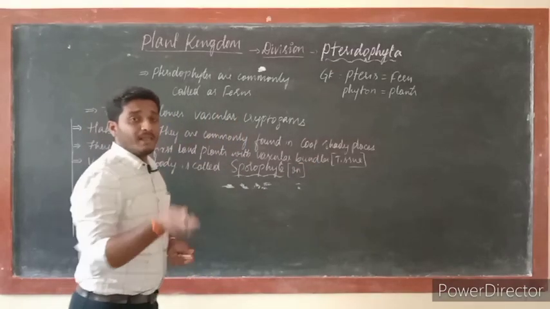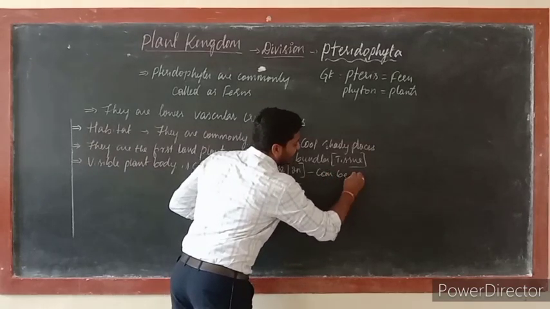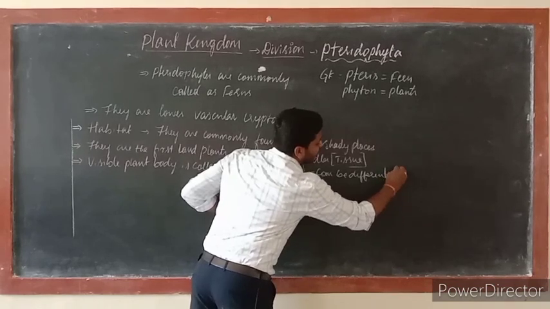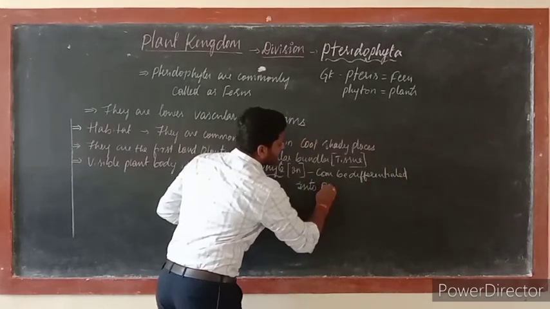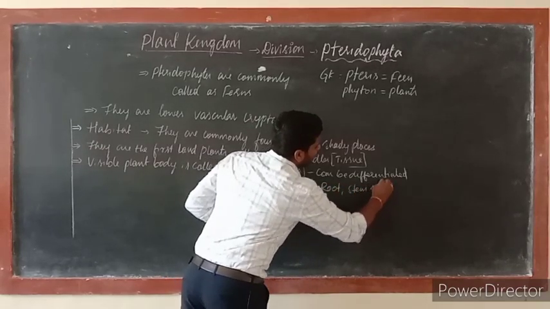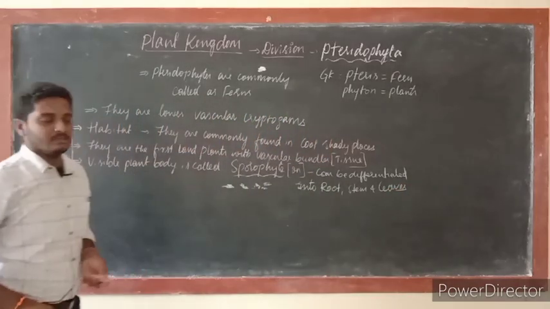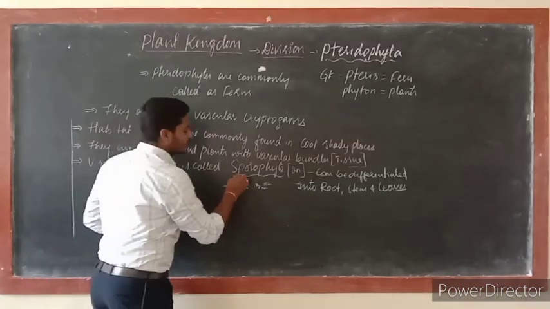Moreover, the plant body can be differentiated into root, stem and leaves. This is what the plant body, called sporophyte, is.